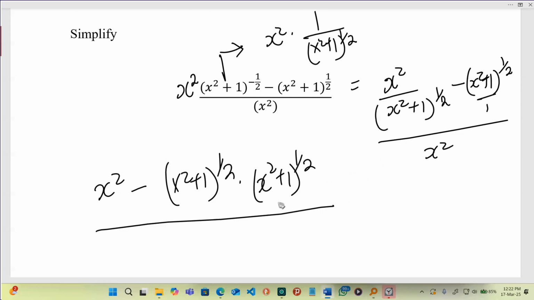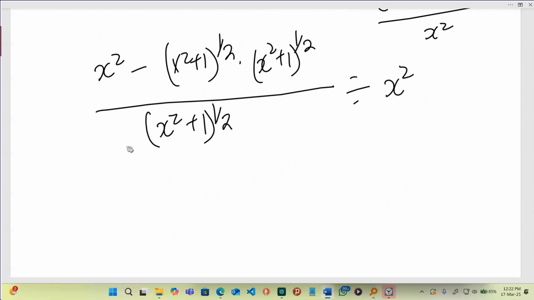And we are dividing everything by (x squared plus 1) power a half. Then we are dividing everything by x squared. So this becomes, as I already said, if I have m power a half times m to power a half, I'll have m to power 1 because this is the addition of powers. So add this power, and therefore I'll maintain (x squared plus 1) to power 1.